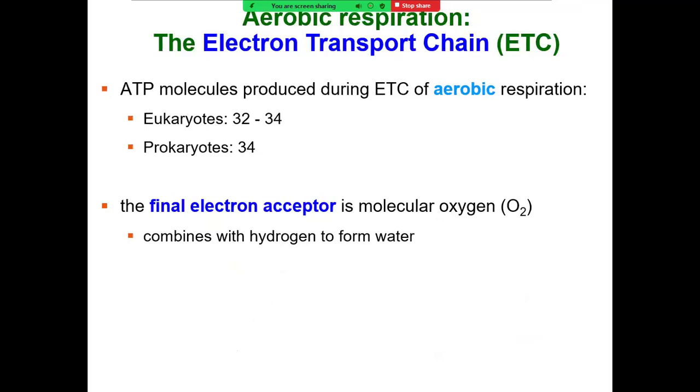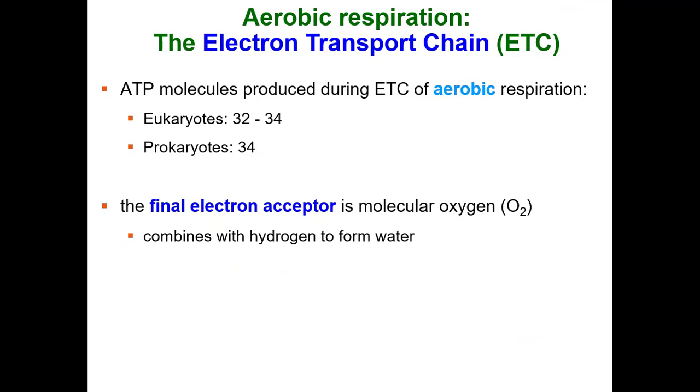So in the electron transport chain of aerobic respiration, we generate between 32 and 34 ATP per molecule of glucose. Prokaryotes are a little more efficient, and they generate 34 molecules of ATP per molecule of glucose.